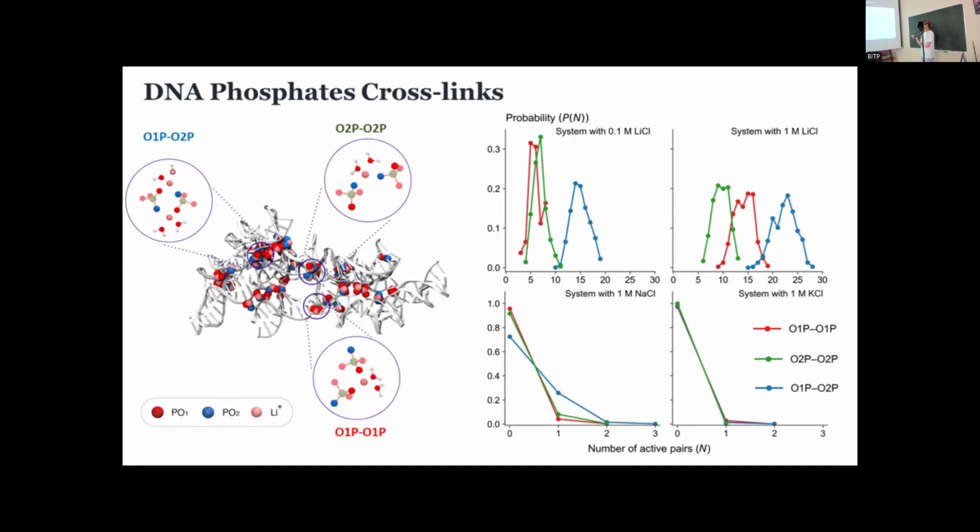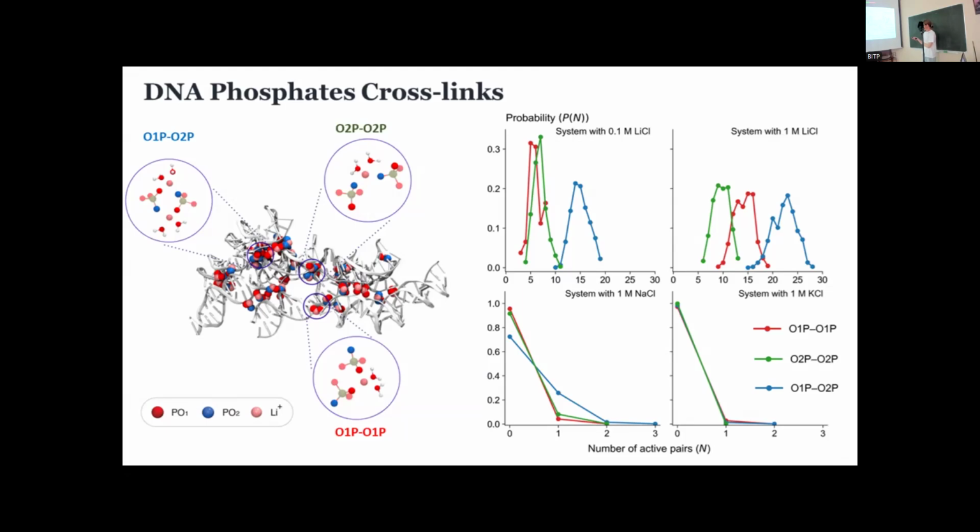We distinguished three distinct contacts in the system: the contacts through atoms O1, O1 of the different phosphate groups, O2, O2, and the mixed contact through the atoms O1, O2 or O2, O1, which is equivalent. We calculated the probability distribution of the number of simultaneously active pairs in the system.